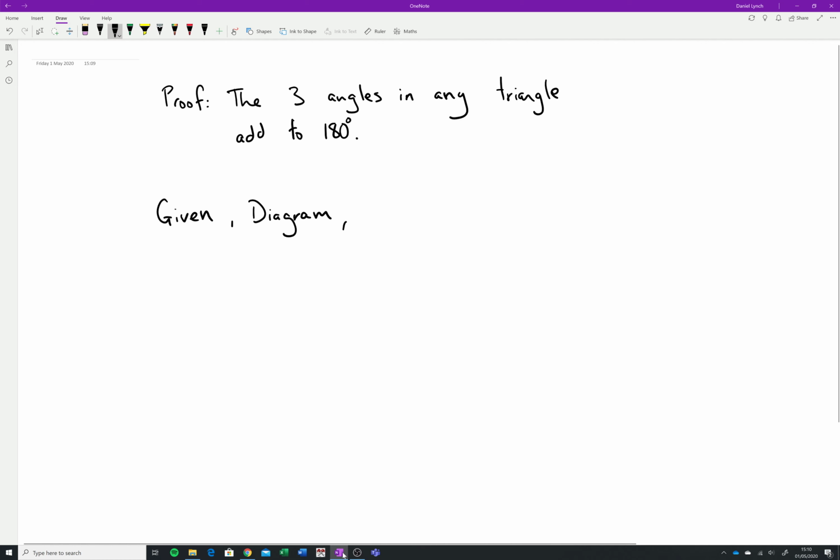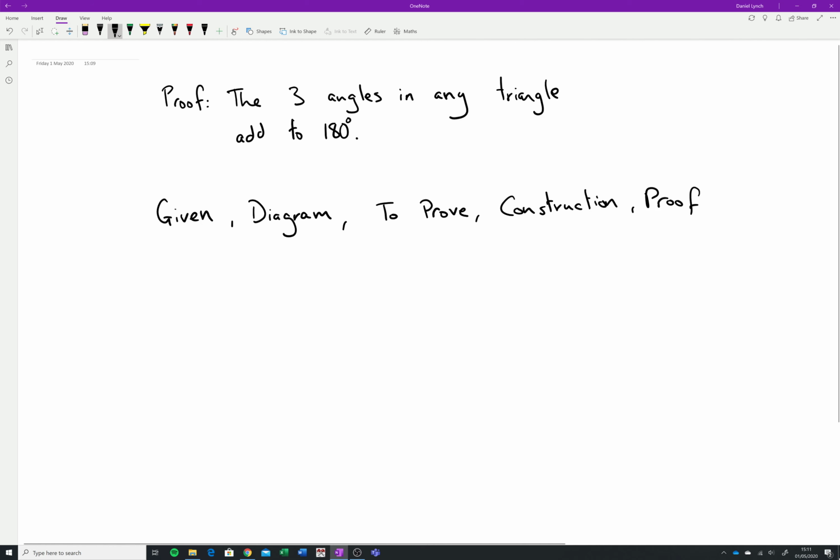There is a couple of ways to do Theorem 14 and of course Theorem 19, which is one that they like to ask. So you've got given, you've got diagram, you've got to prove, you've got the construction, anything that you add to the diagram, and you need to have the proof itself.